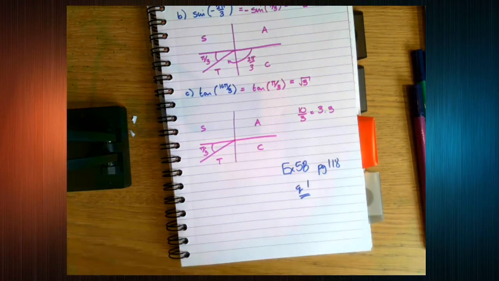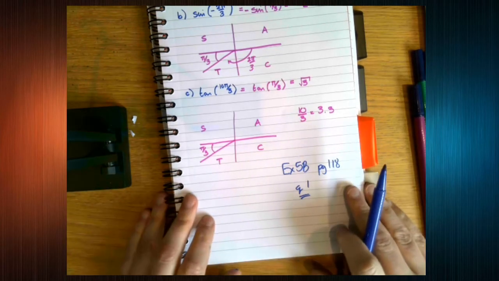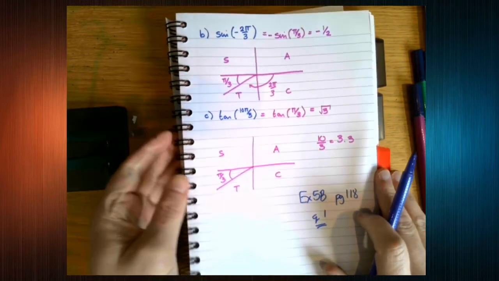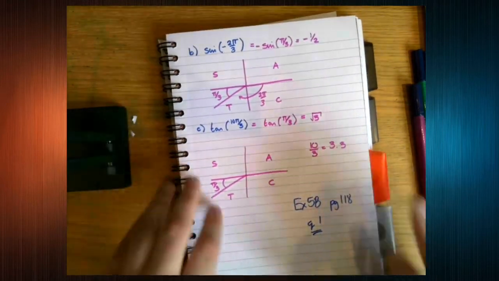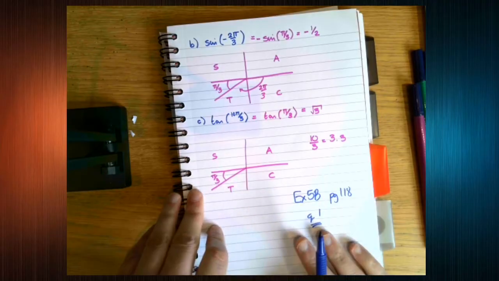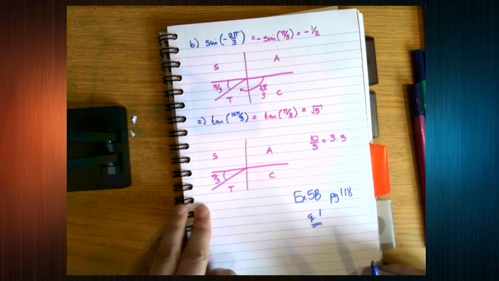Okay, it's lots of parts, it's 9 parts, but just do question 1. The last thing we need to do is have a look at the graphs of trig functions in radians. So pause the video, do this question, and then come back.